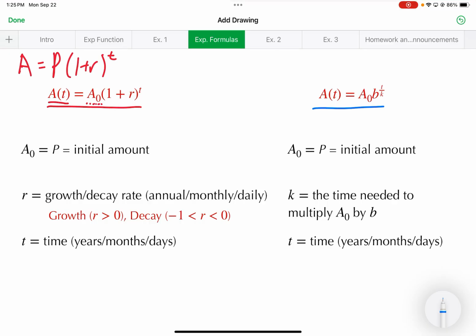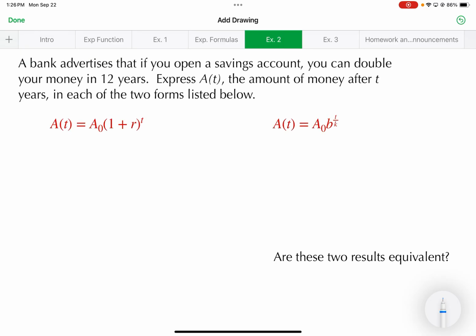This model is the best model to use in those situations, if you're trying to figure out how long it takes for your value to double or triple or some sort of value that's multiplied. And then your t value is still in years, months, or days. A common place this is used would be radioactive decay, like the radioactive half-life of an element, something you guys have probably talked about in science class. This is the most common model for that, okay?